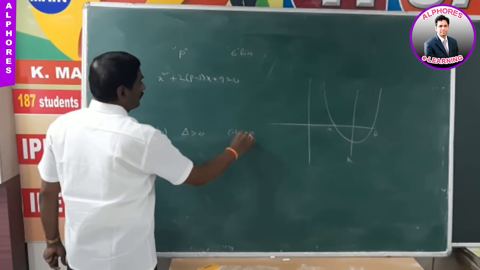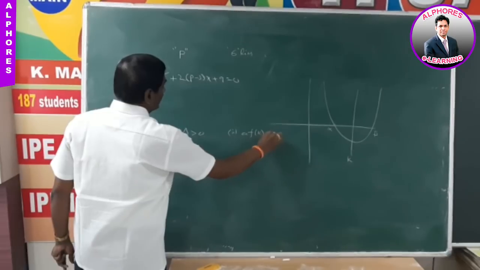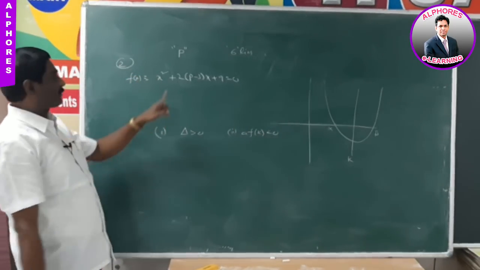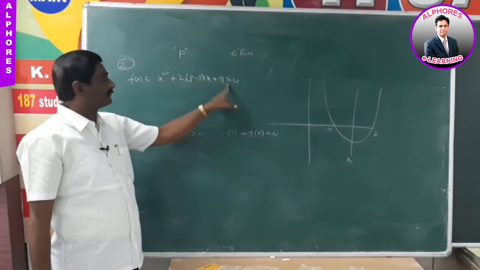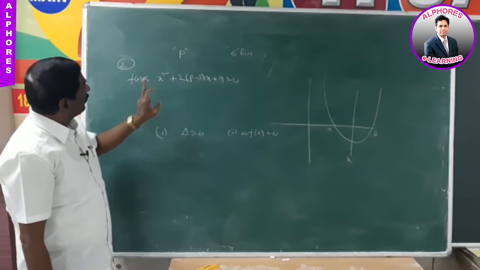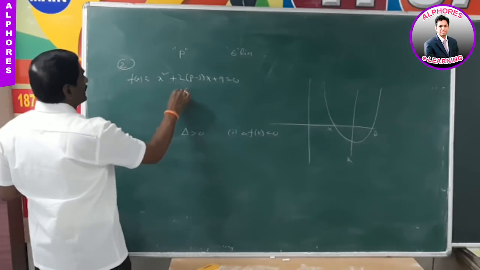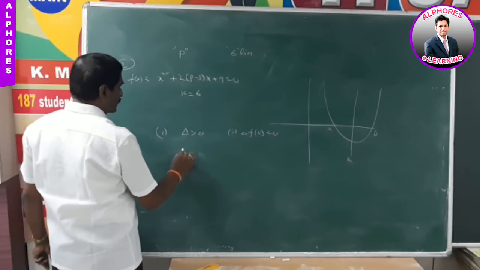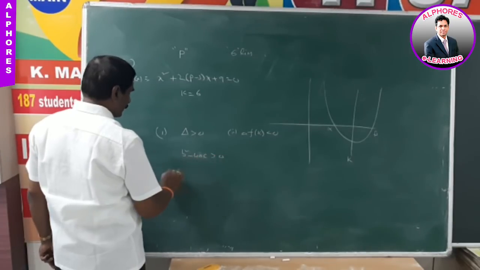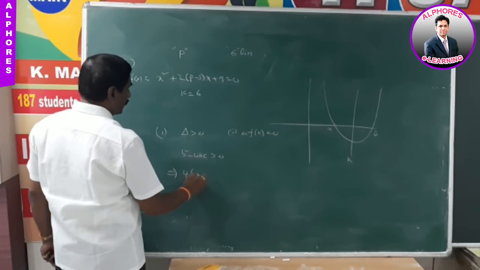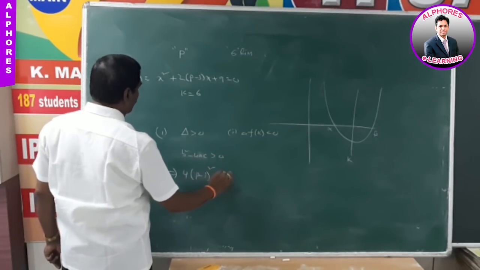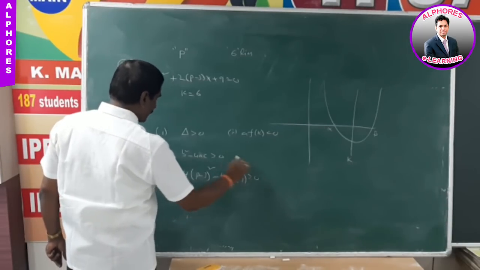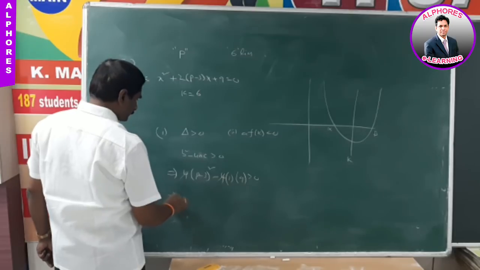Second one is a into f of k less than 0. Here f of x is x square plus 2 of p minus 3 into x plus 9, k is equal to 6. So delta greater than 0 means b square minus 4ac greater than 0. That implies 4 into p minus 3 whole square minus 4 into 1 into 9 greater than 0. 4 cancels.